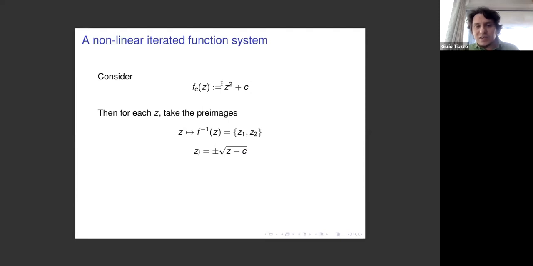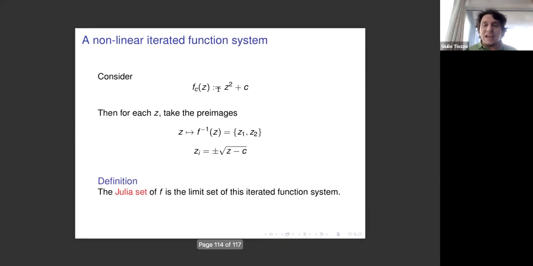And in terms of dynamics, this is like you take the preimages of this map. So you have a map from the complex plane to itself, and every point has 2 preimages. And then if you have 2 preimages, you take further preimages. Every 2 points have 4 preimages and 8 preimages and so forth. And the Julia set can be described as the limit set of this iterated function system. And we will see immediately pictures about what happens in this setting.